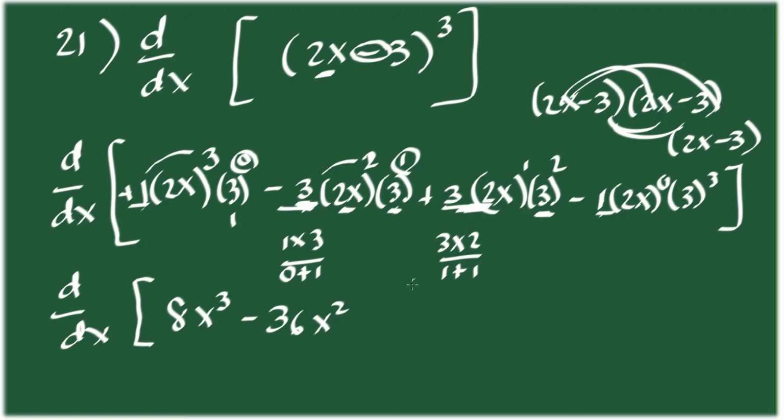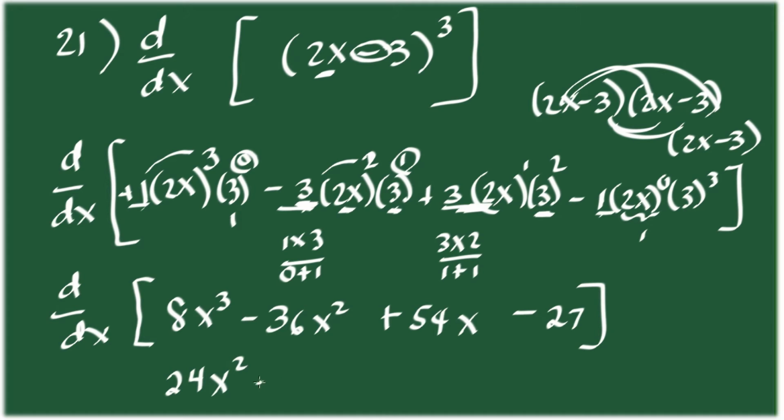So 9 times 6 is positive 54x. Now this 2x to the 0 is 1. 3 to the third is 27. So minus 27. Okay. Now you can start differentiating this using the power rule. So you have 24x squared minus 72x plus 54, okay?